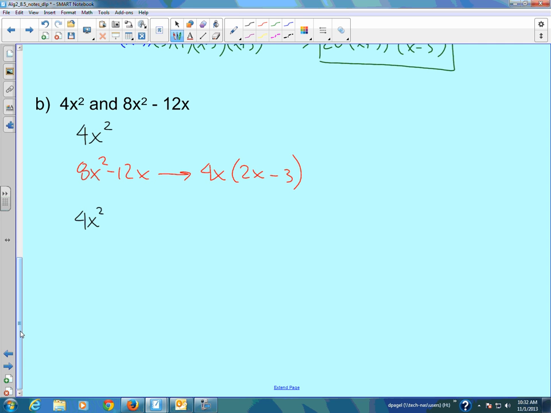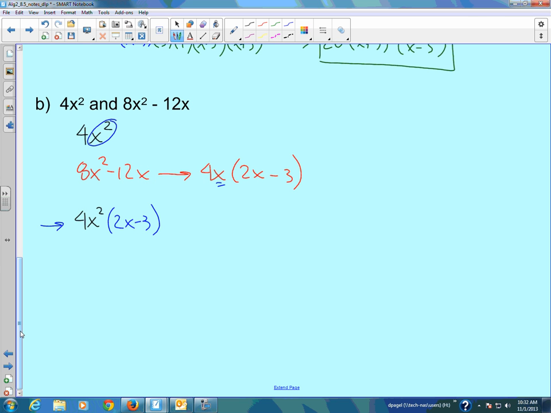One of the things it's missing is 2x minus 3. It already accounts for the 4, and it actually already accounts for this x here because this is an x squared. So multiplying those two things together, 4x squared times (2x minus 3), would create my common multiple for that rational expression.